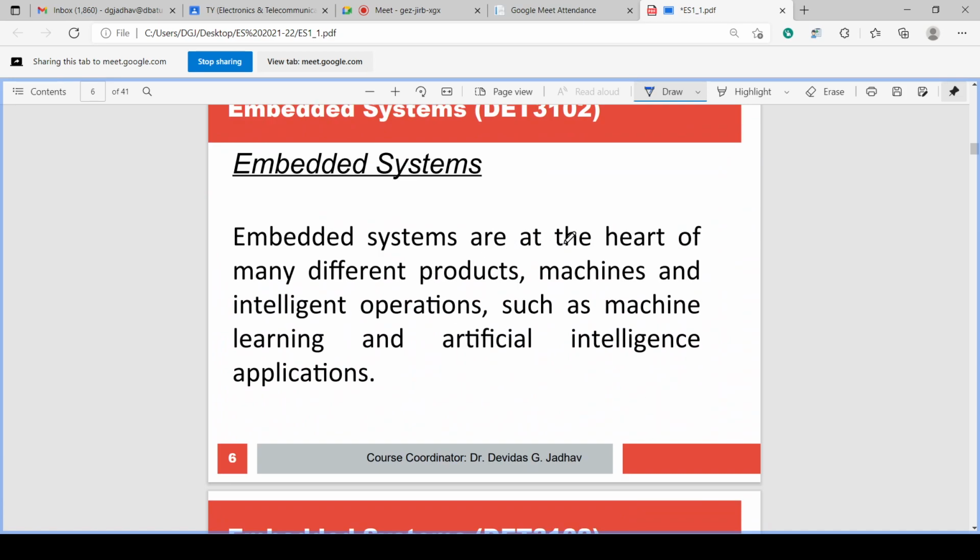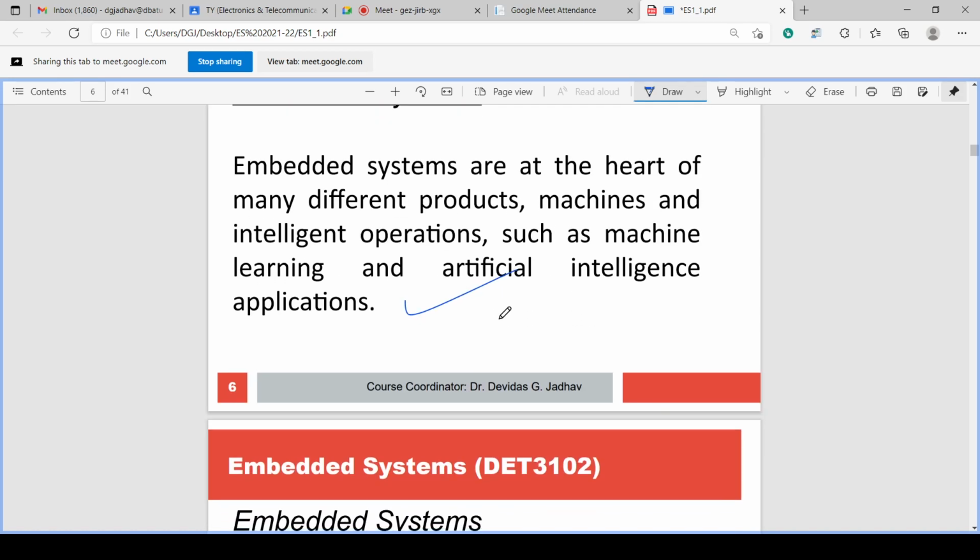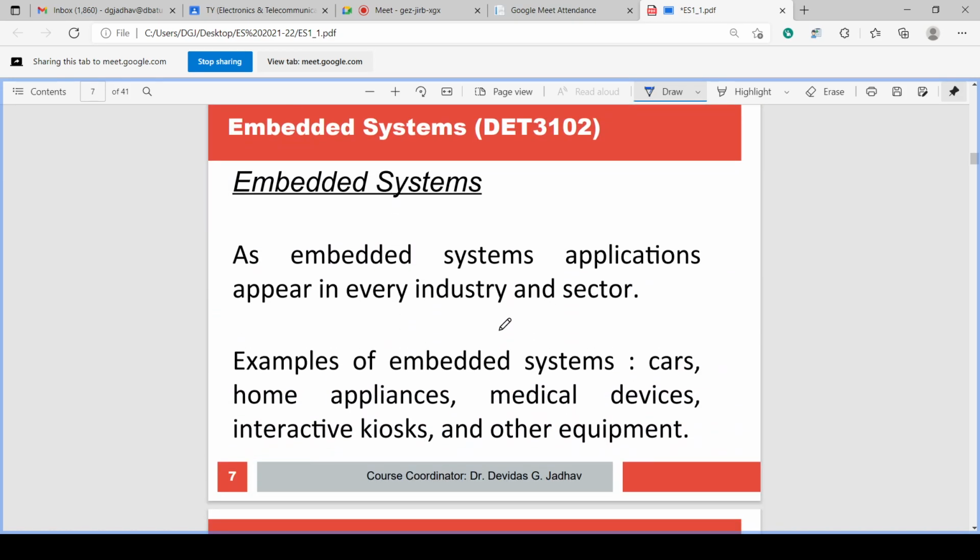Embedded systems are the heart of many different products, machines, and intelligent operations like machine learning and artificial intelligence applications. Embedded system applications appear in every industry and sector.